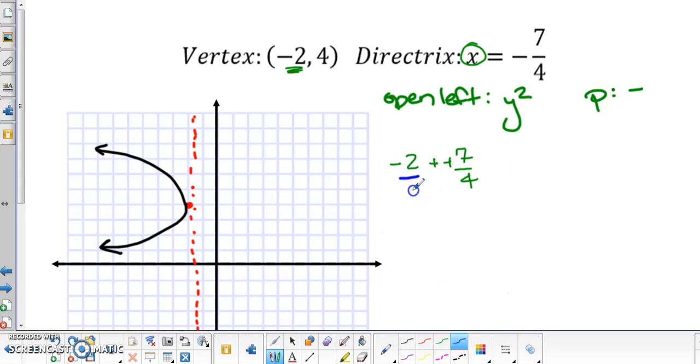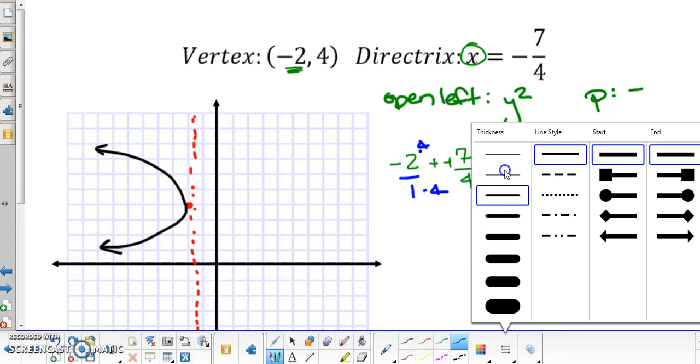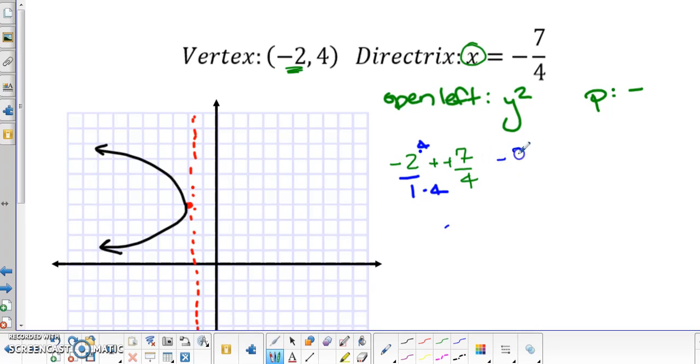Now I'm going to put this over 1 and multiply by 4, so then I have -8/4 plus 7/4, which gets me -1/4, which is going to be my p-value. Since this is negative and I know my p-value is negative here, I just keep the negative. If my p-value was positive, I would just change this to a +1/4.